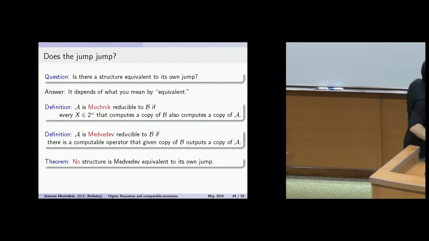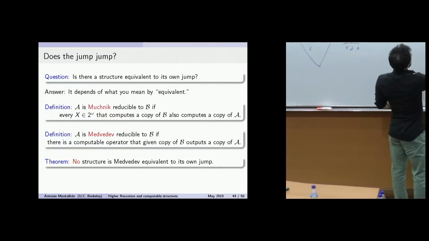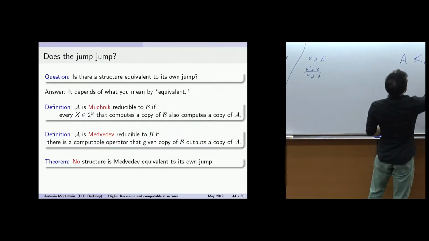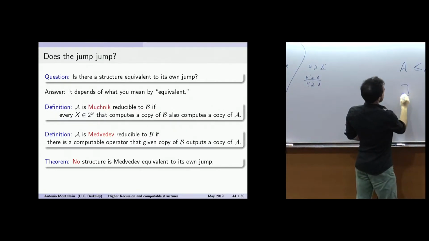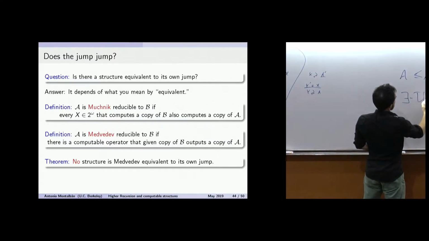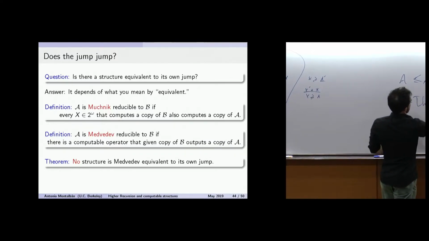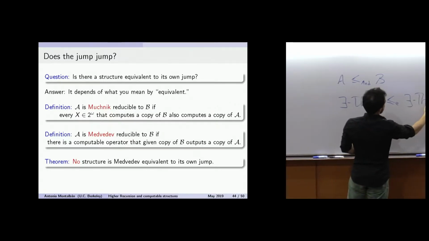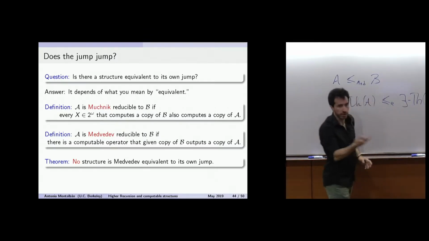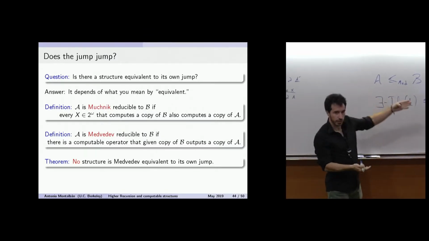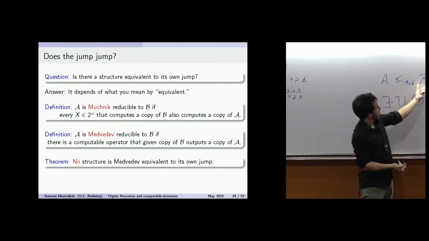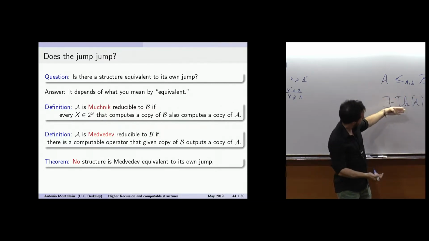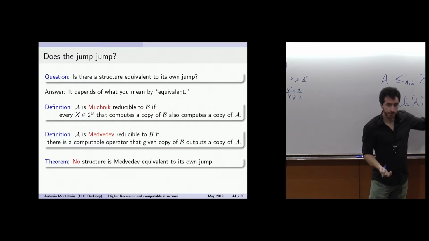The reason for that, I didn't write it down, is that if a structure A is Medvedev equivalent to a structure B, then you can prove that the existential theory of A is enumeration reducible to the existential theory of B. The existential theory means the set of all existential formulas true in A and true in B. If you have one way of producing copies of this from copies of that uniformly, you can get the existential theory of this from the existential theory of that.